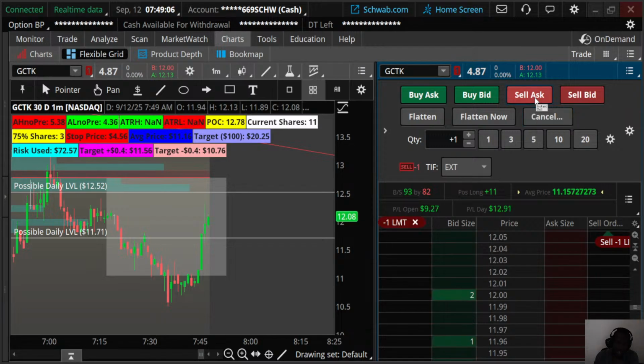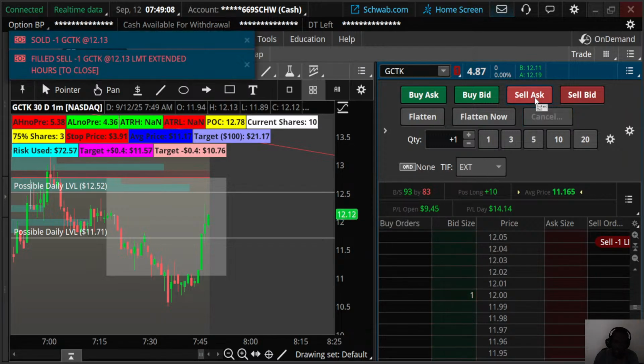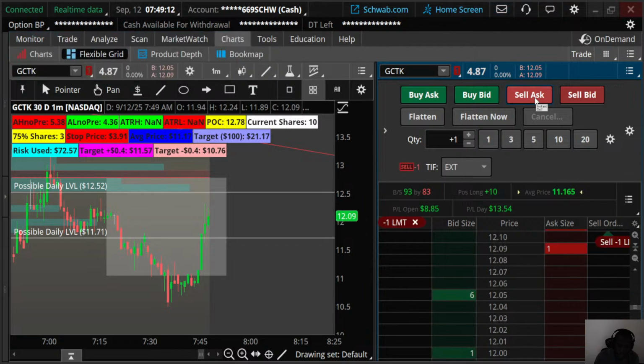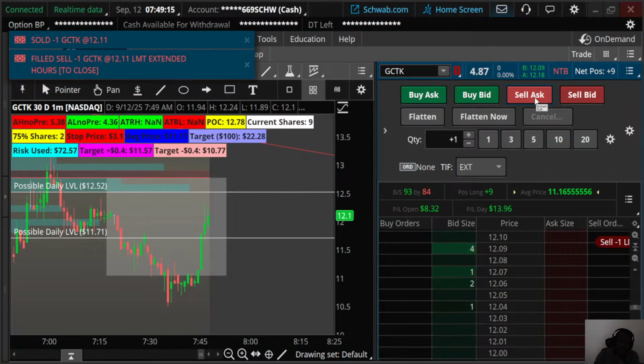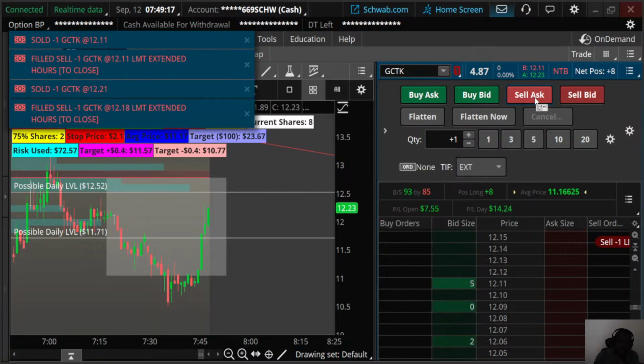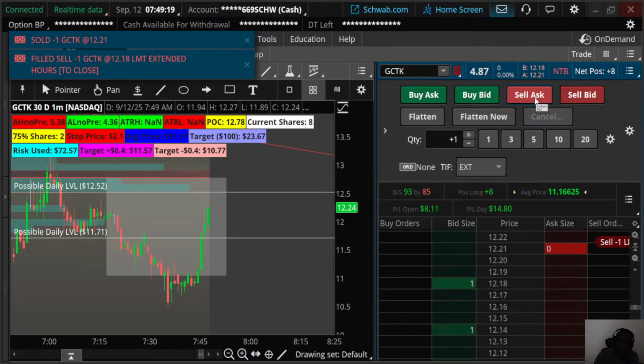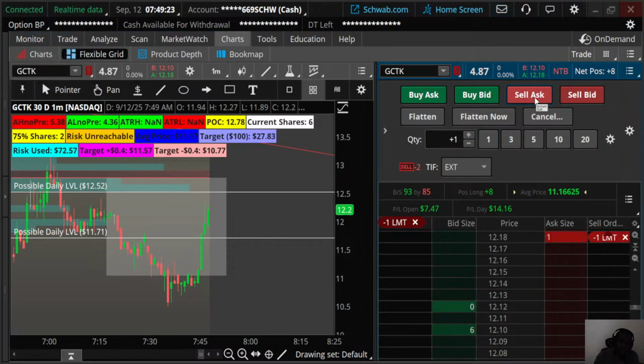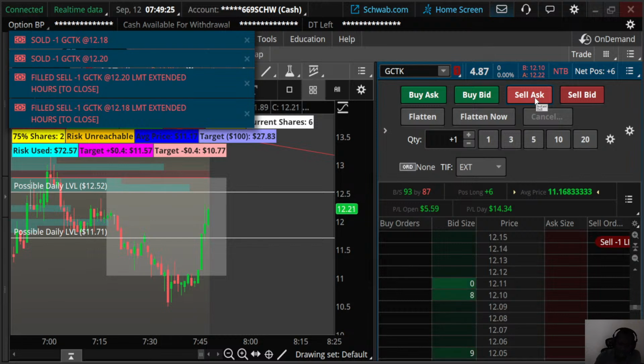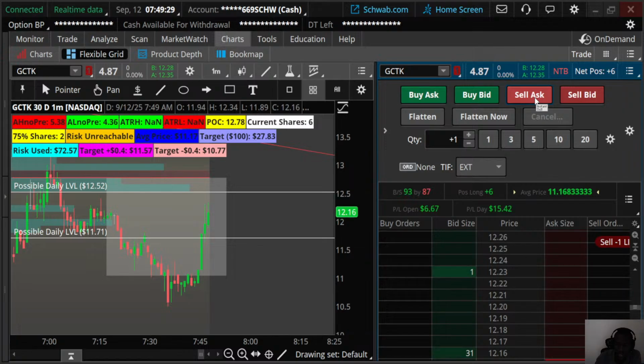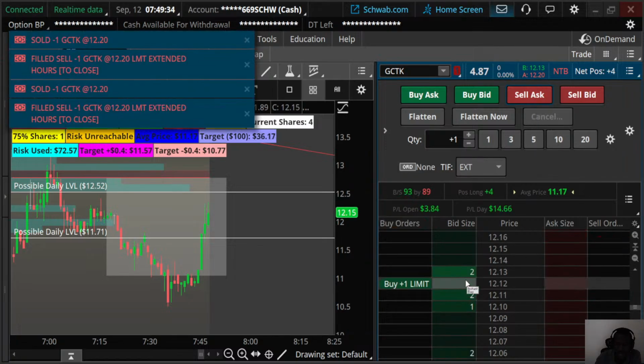I'll take some lunch money trades. I'm not going to get too greedy. Okay. Six shares left. Pretty much just getting out of the hole for Friday. Throwing some shares out there to get filled. 4 shares left.